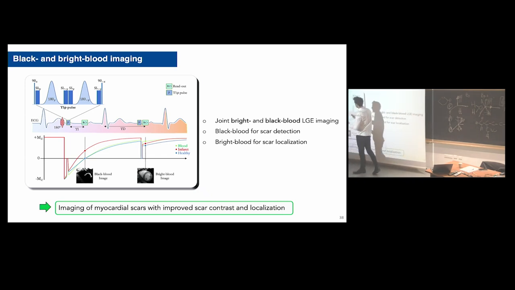It's a typical sequence. We have the ECG, we have the readout. This is where we collect the image. We have the inversion pulse, as we've been doing for 25 years. Now maybe we could plug something like Matthias developed, this T2 prep, in there to modulate the signal.